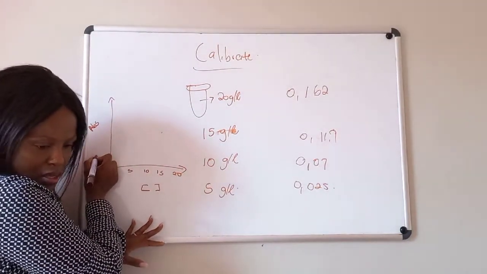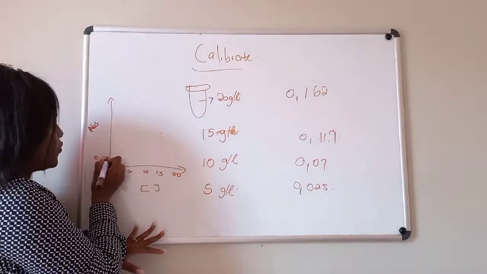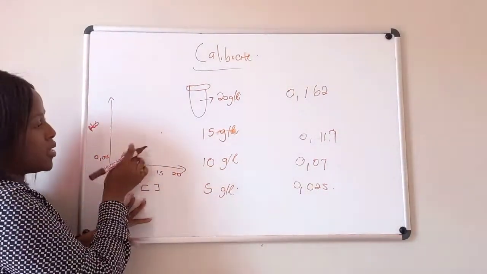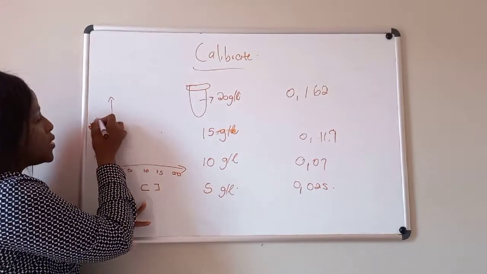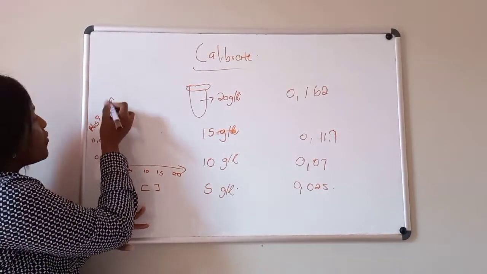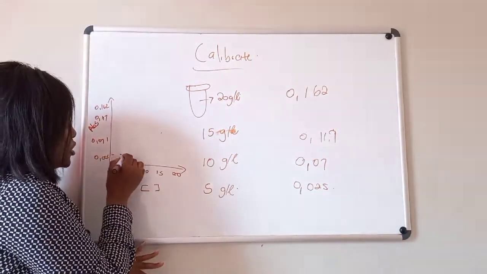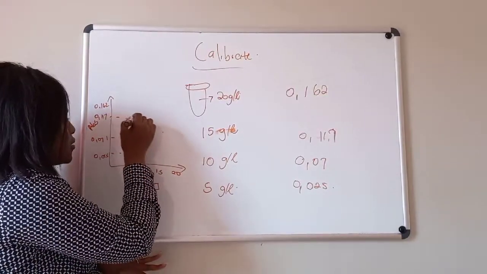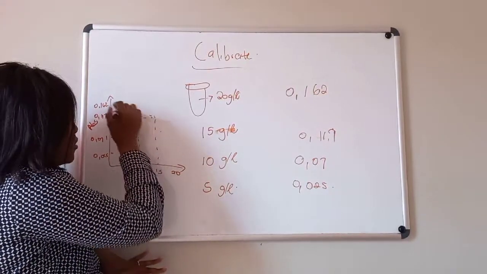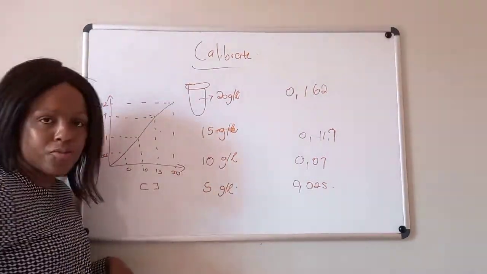Here it's 0.025, which is the smallest, and then we can have 0.071, 0.117, 0.162. Then the instrument will just join the points and draw a graph.